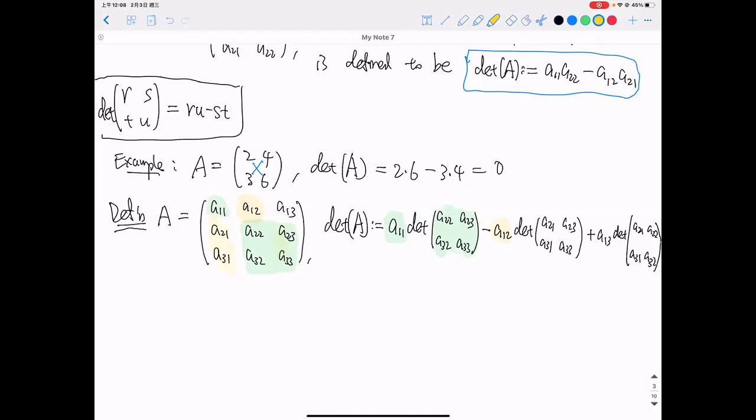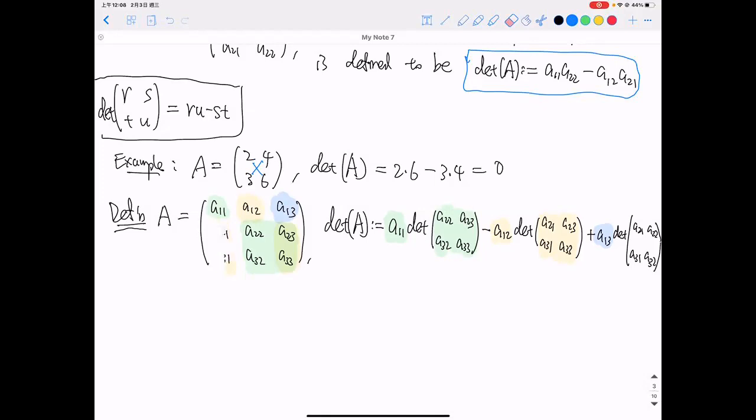What's left are A21, A31, A23, A33. And finally, we have plus A13, multiplied by the determinant of the 2 by 2 matrix formed by deleting the column and the row containing A13.